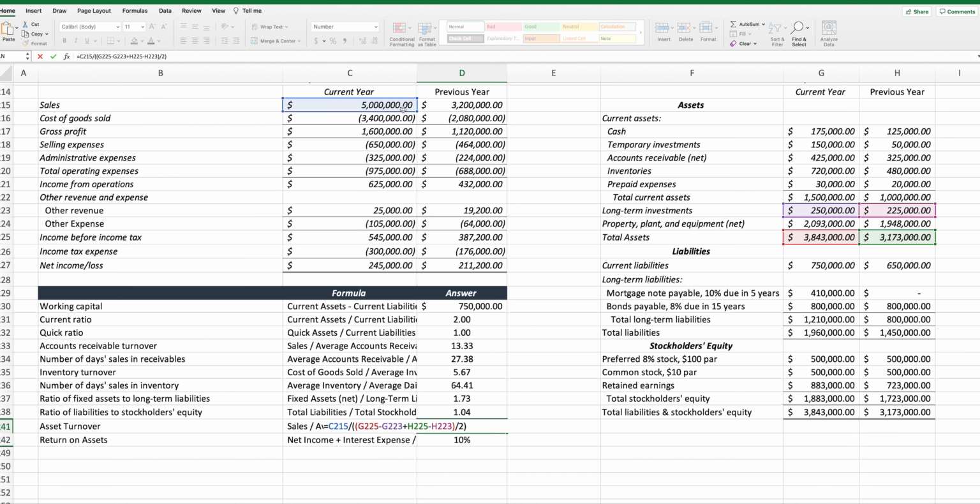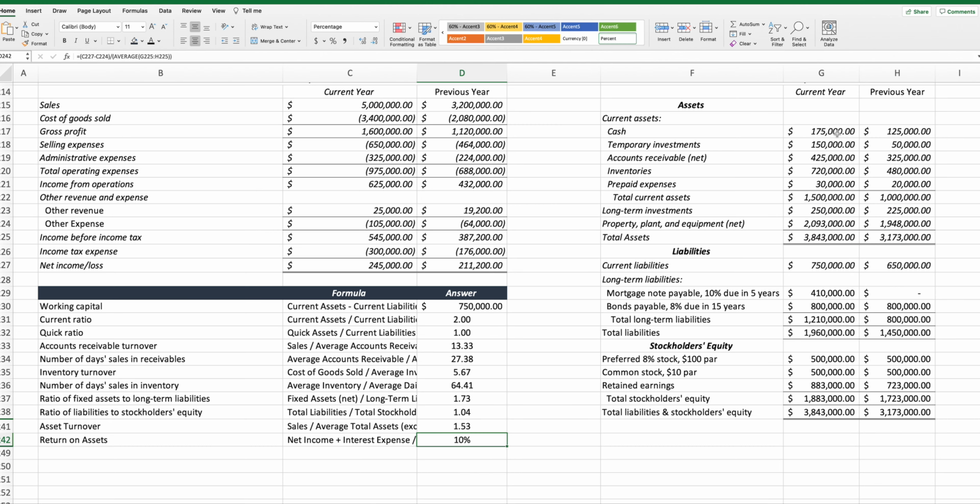How efficient are we? With this particular one, instead of using my average, which you can see in this garble of letters and numbers, you see that I don't have average anywhere. And it's because I want to subtract out my long-term investments.